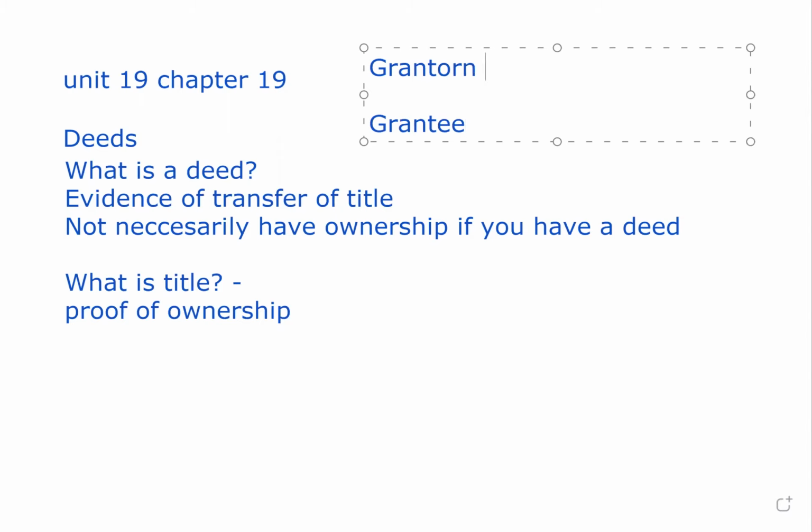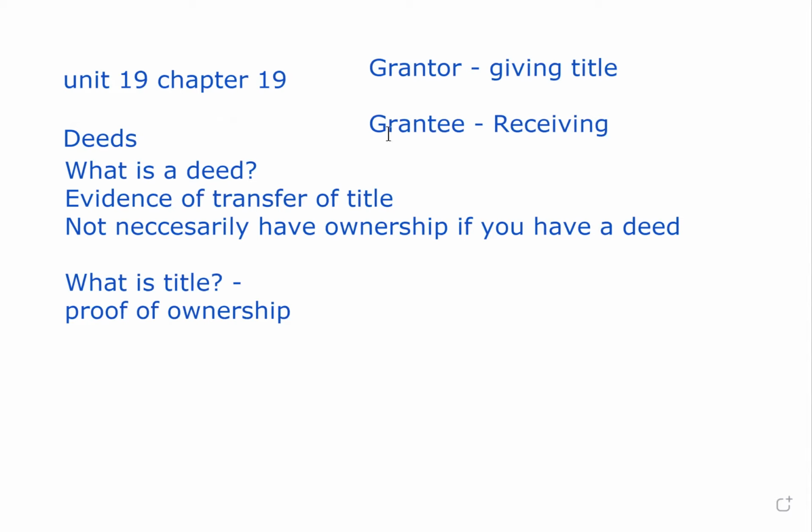The grantor is the one who is giving title. The grantee is the one who is receiving. So grantor gives, grantee receives. The rule is the OR is the giver, the EE is the receiver.